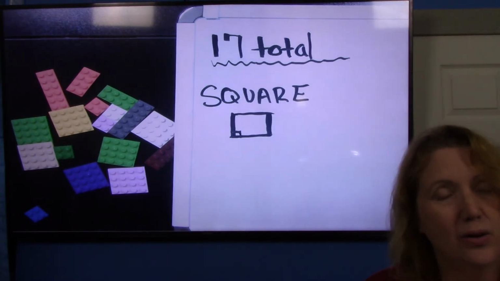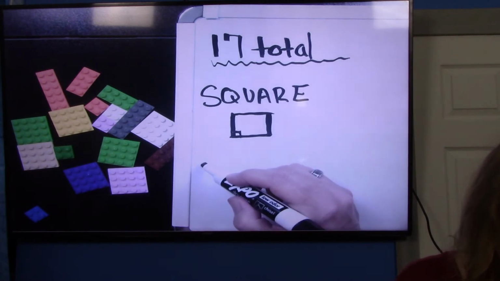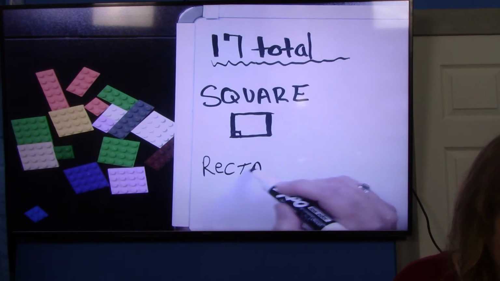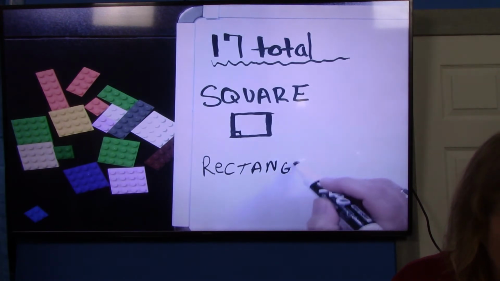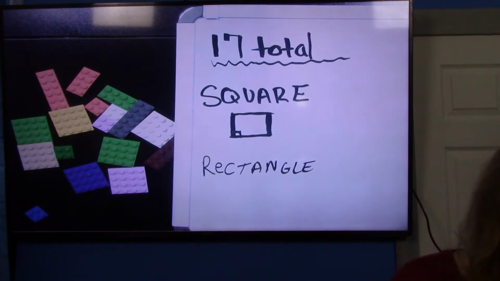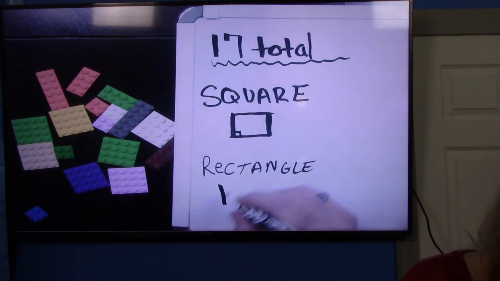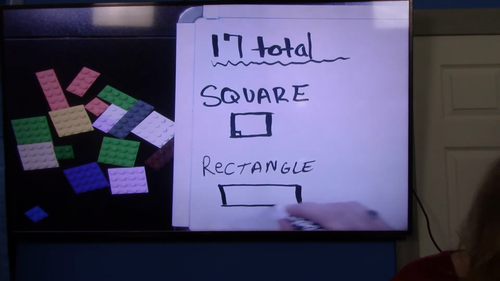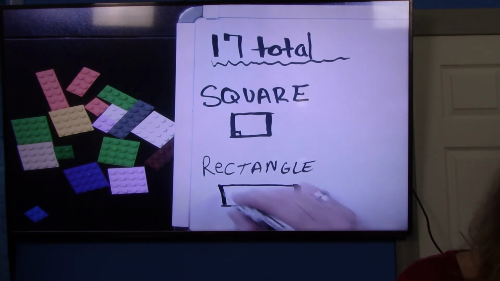A rectangle is similar, but one of the sides is shorter than the other sides.